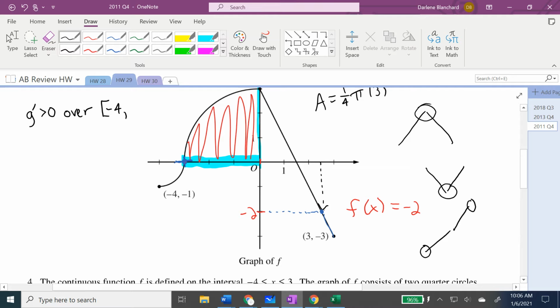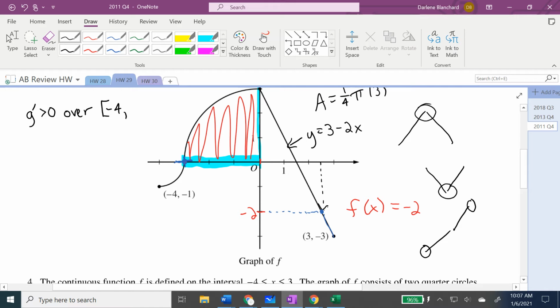If I look at the line, I can see that it goes down 6, right 3. So it has a slope of -2 and a y-intercept of positive 3. So the equation of this line is y equals, it starts at 3 and has a negative 2 slope.